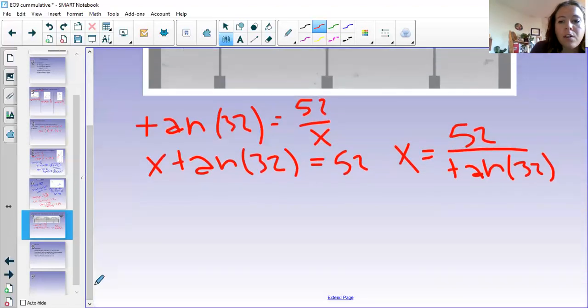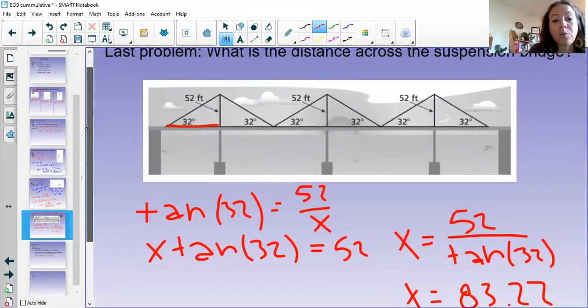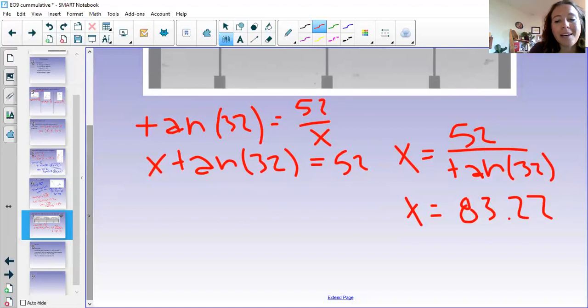So x is going to be, pull out your handy dandy calculator, 52 divided by tangent 32, we get 83.22. Now that's just the distance of what I drew in red. So now we need to multiply that by 6.